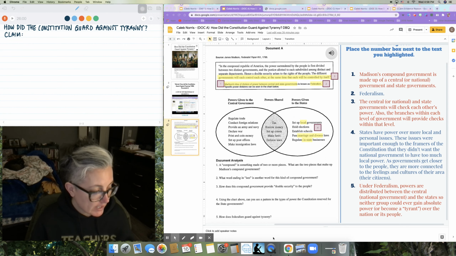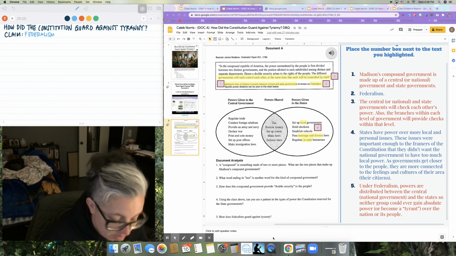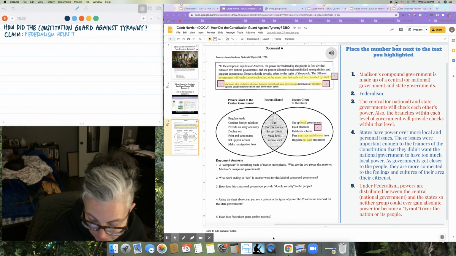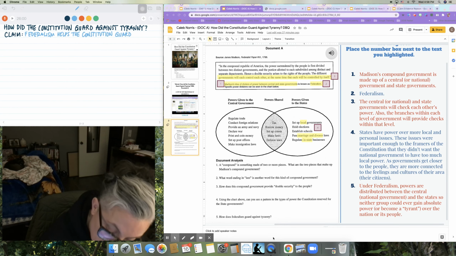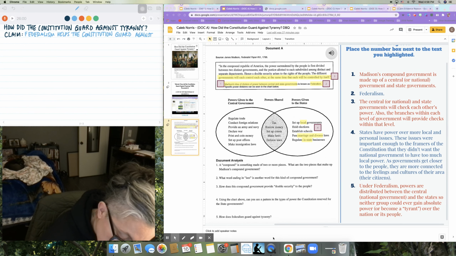My claim is that federalism helps the Constitution guard against tyranny.